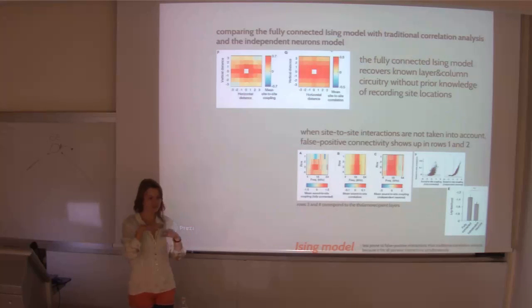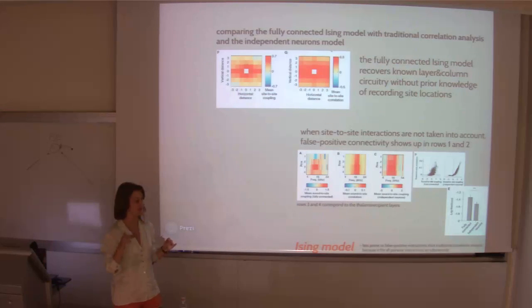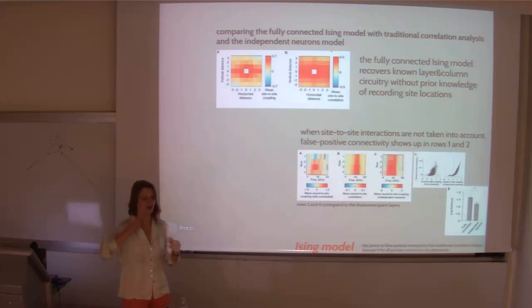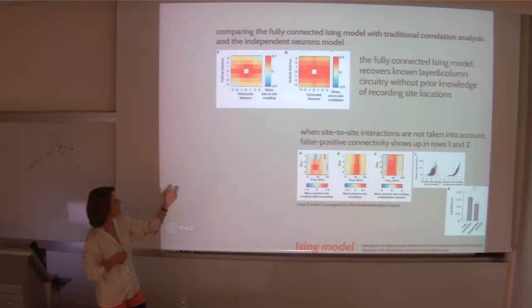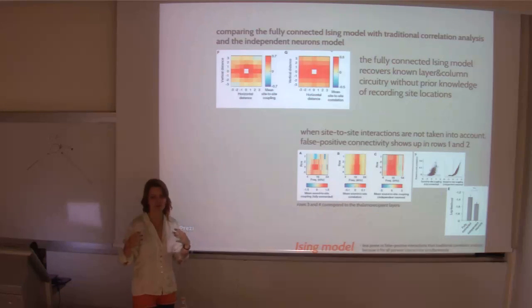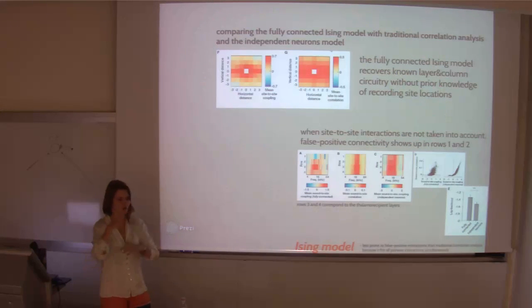So we see that there's really much more connectivity within a layer than within a column. Whereas in the site-to-site correlation, so the traditional analysis, there's basically correlation more or less everywhere, and you don't really see this spatial structure emerge.